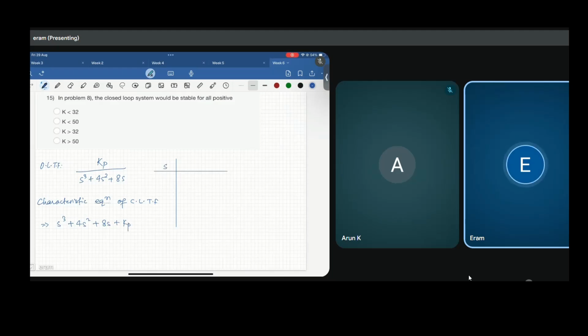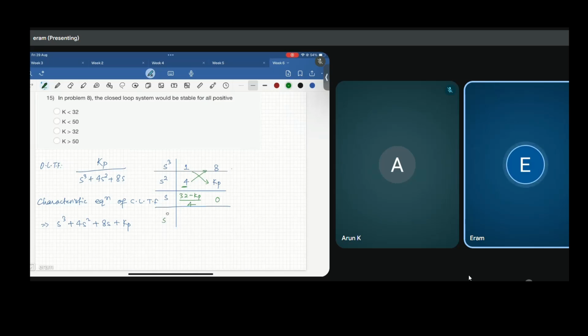So for s cube, it will be 1, 8. For s square, it is 4 and kp. And for s, we need to multiply these two and divide with this, so it is 32 minus kp divided by 4, and this term will be 0.